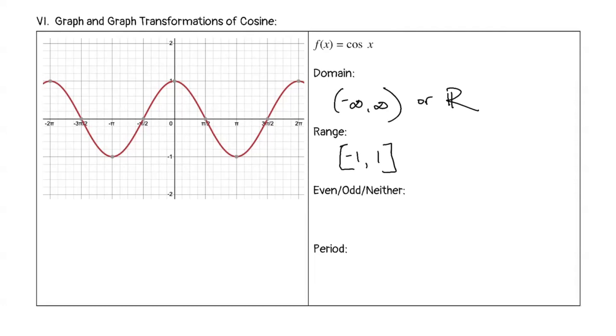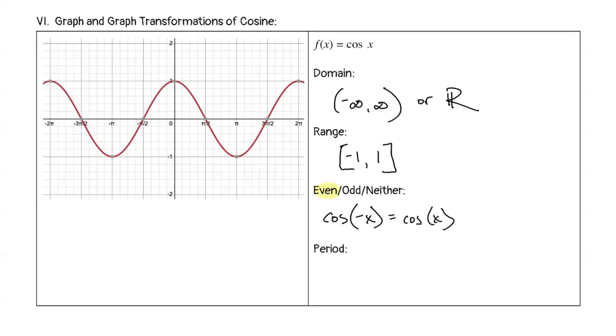Now, is cosine even, odd, or neither? Wonderful. So maybe we remember cosine of -x equals cosine of x. But what does that actually mean?